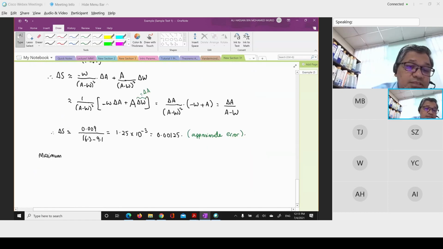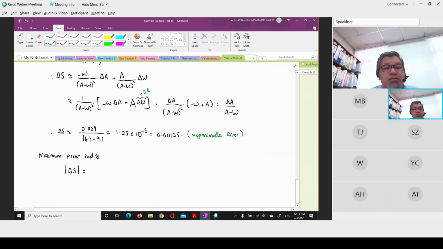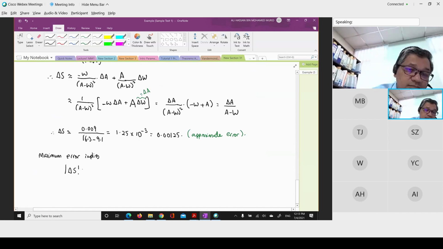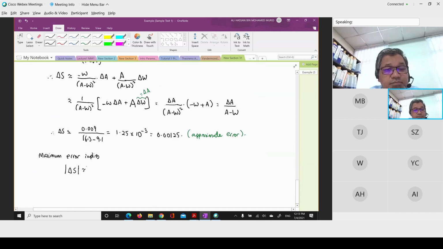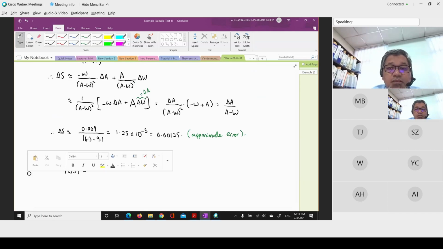Maximum error means we want to look at the absolute value.